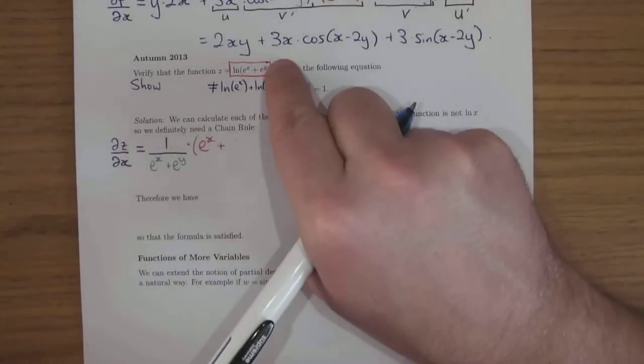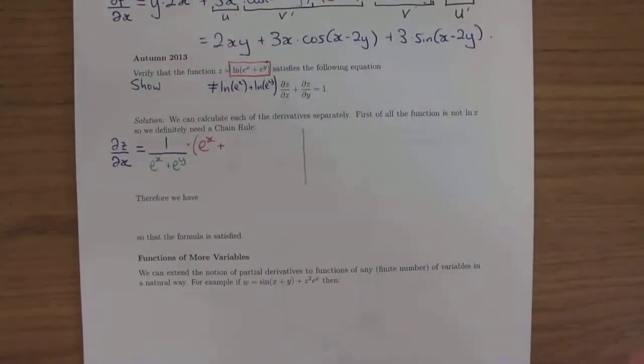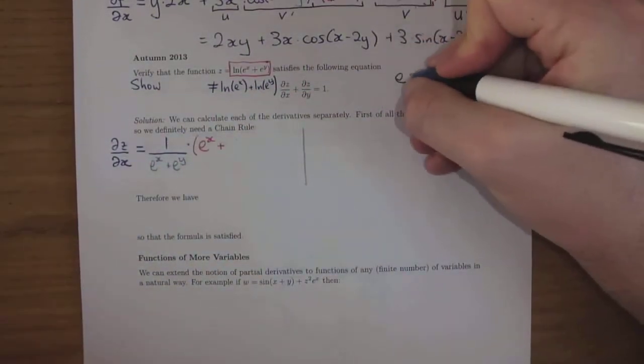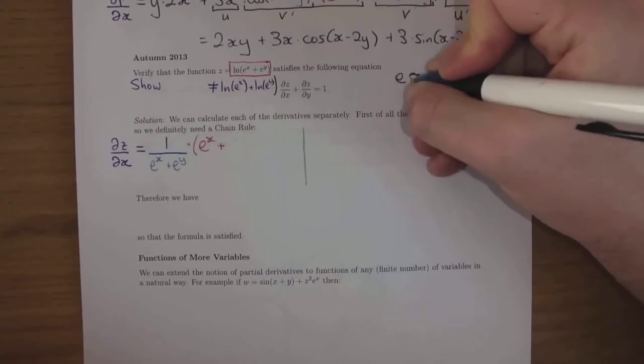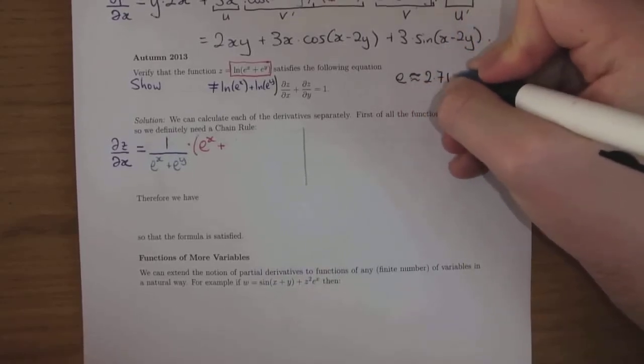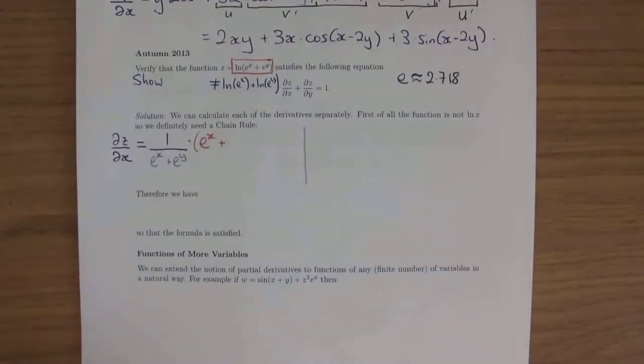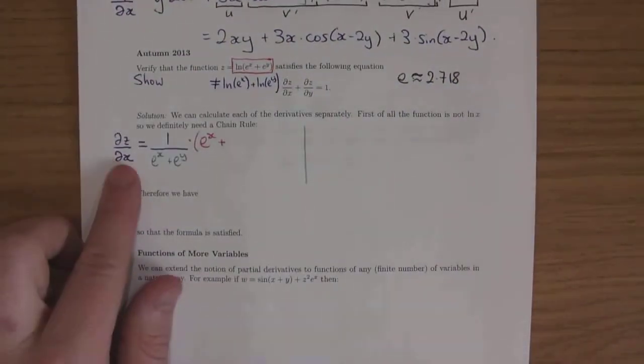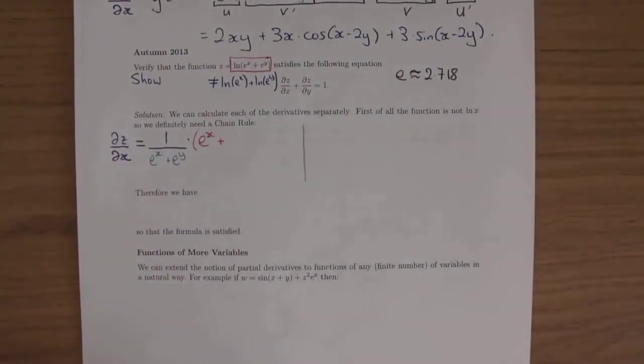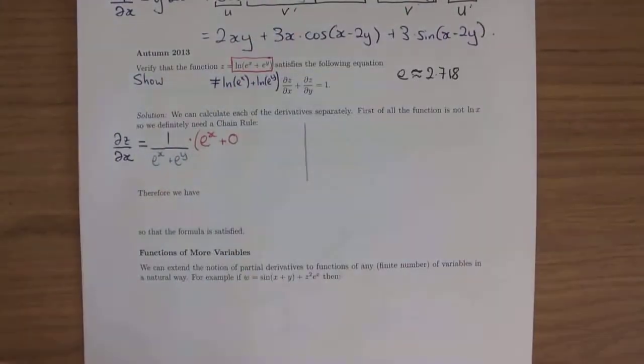And e is actually a number, approximately 2.718. So this is 2.718 to the power of a constant. That's a constant as well. So something that is a function of y doesn't have any x, and y is constant, so the derivative of e to the y with respect to x is 0.